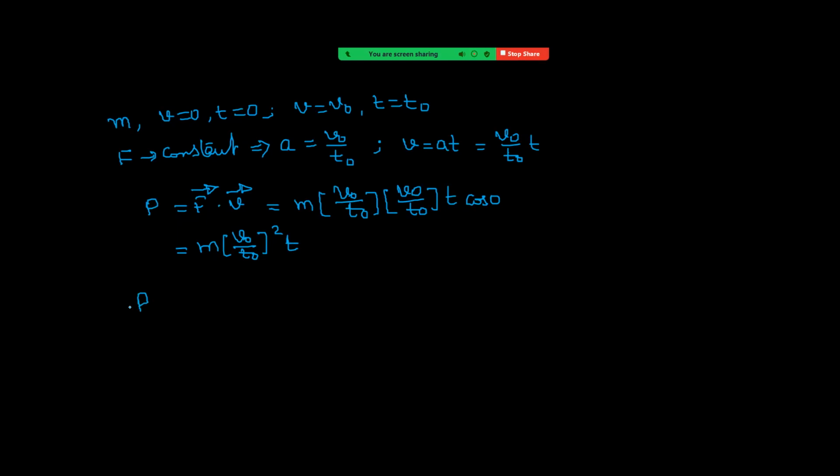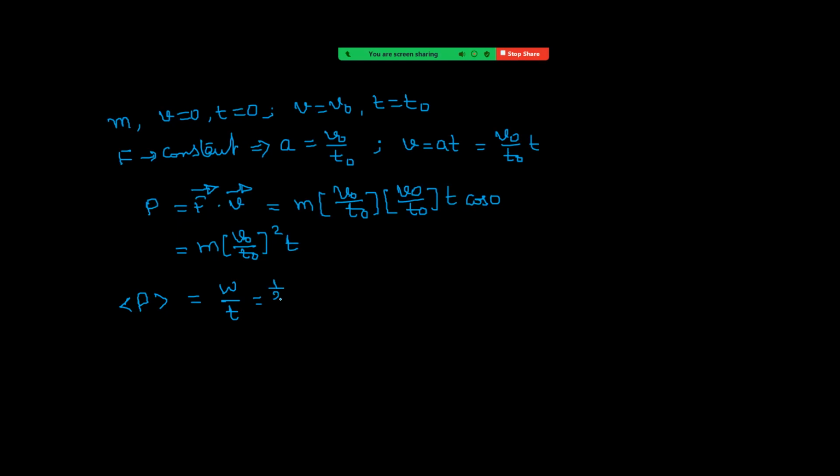Next, coming to average value. Average power is equal to work done by time. And in this case, we are calculating average power by net force. That means work done by net force equal to delta K, right?